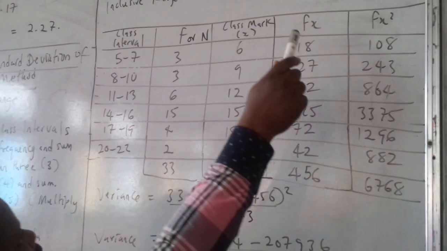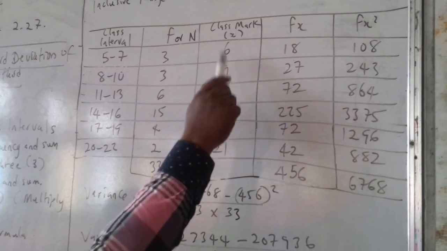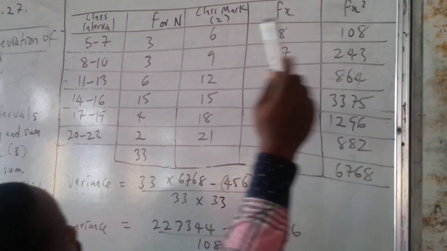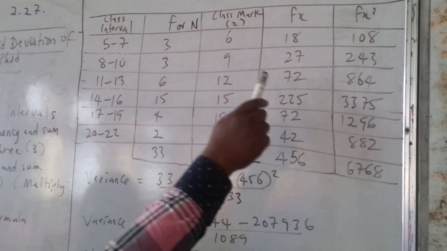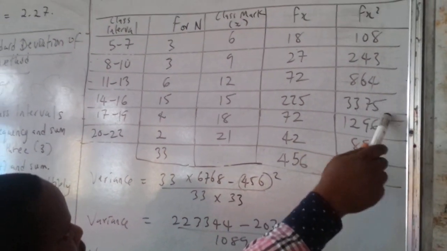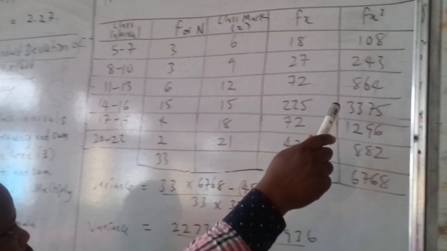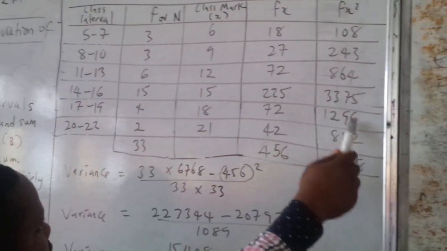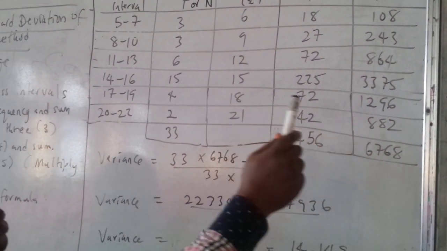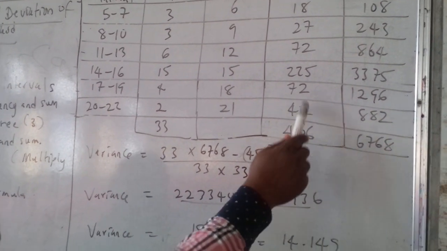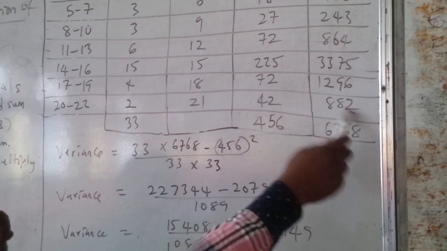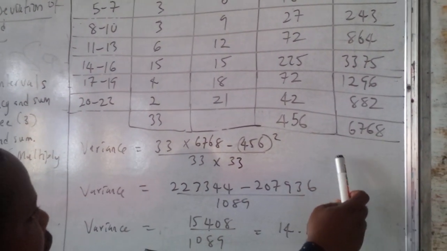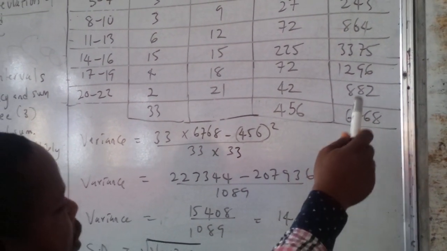So 6 times 18 will give you 108, 9 times 27 will give you 243, 12 times 72 will give you 864, 15 times 225 will give you 3375, 18 times 72 will give you 1296, 21 times 42 will give you 882. And when you add it together, you are going to have 6,768.